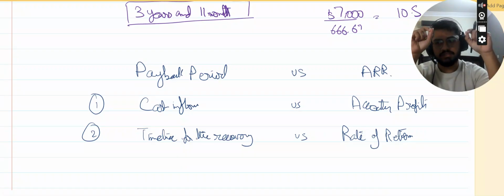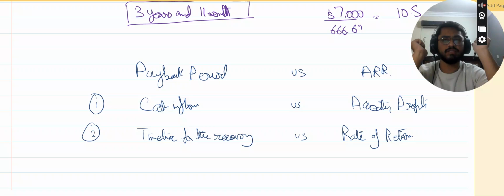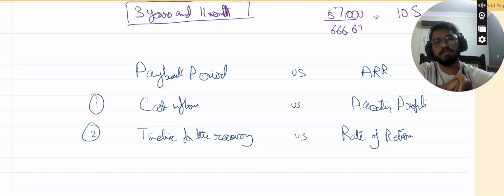They can be understood by someone who is not an accountant or does not belong to the profession of finance. Yet at the same time there are many disadvantages or lackings in both of these techniques of investment appraisal, which we will be discussing once we have covered the advanced techniques such as net present value and IRR as well.